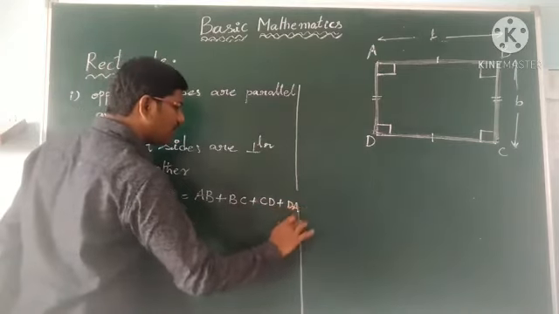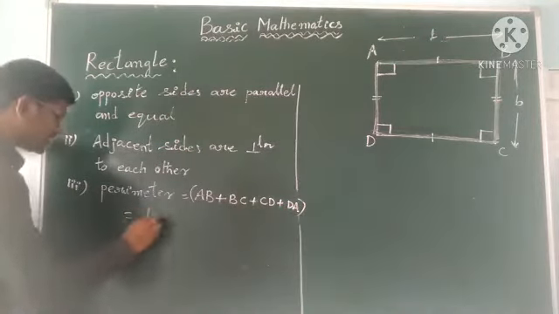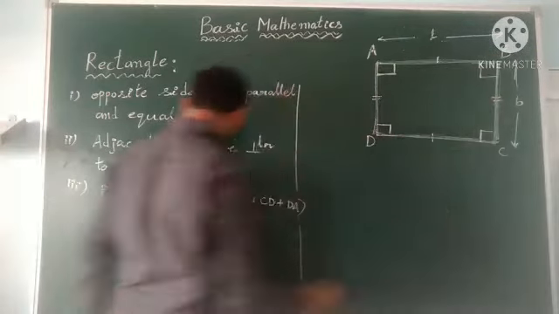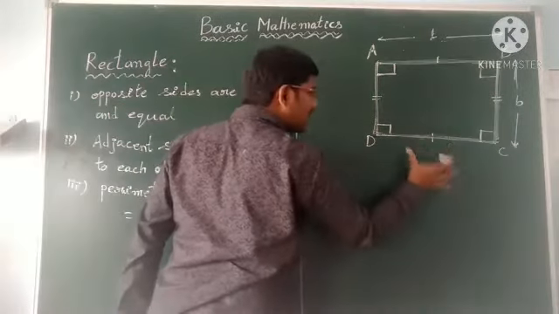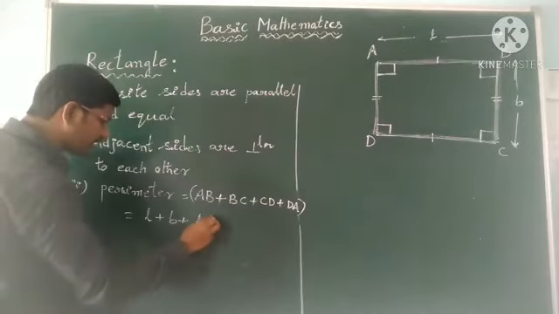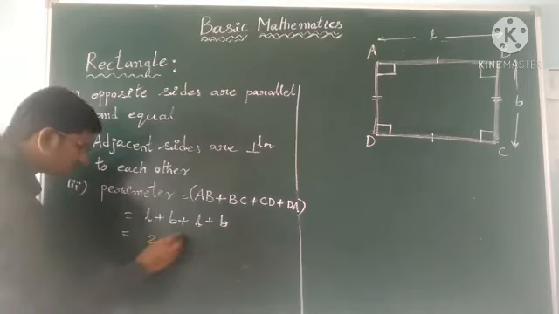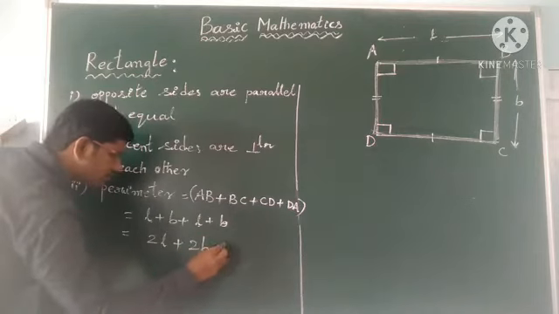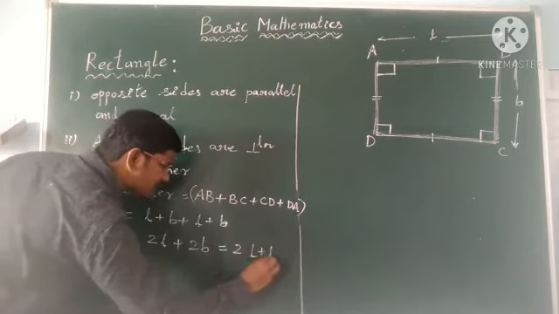So this is called a perimeter. AB means its length is L, you know. So AB is L, and BC means its length is B, plus CD, C to D. Again, this length is equal to this length, so this is also L, plus B. So means we have L plus L, 2 L's, and B plus B, we have 2 B's. So this will become 2 into L plus B.